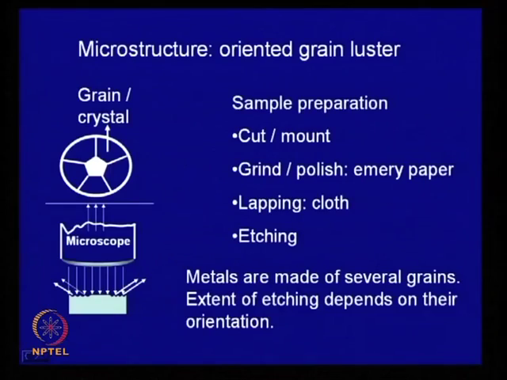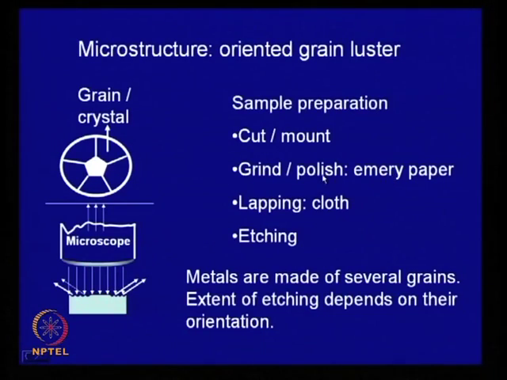There are a number of steps involved in the preparation of metallic samples for microstructural examination, which are listed here. You cut and mount, then you polish: mechanically grind and polish on emery paper.